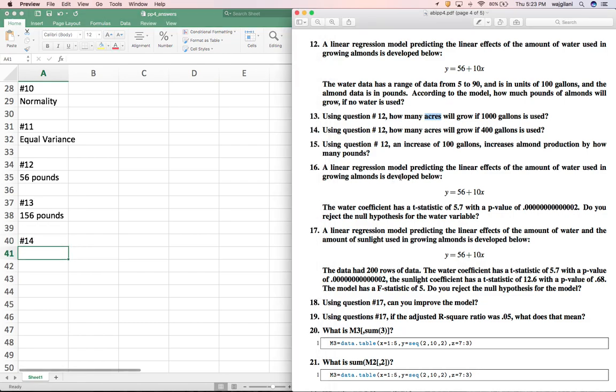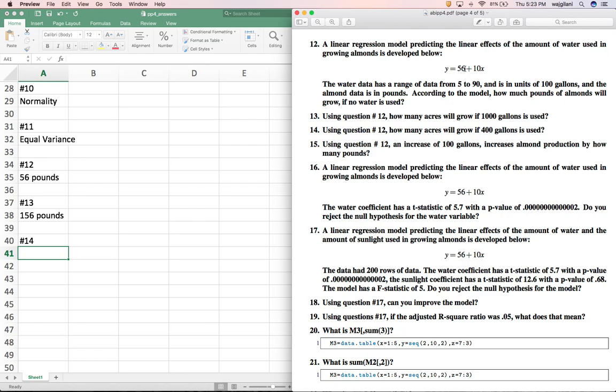Question number 12. How many pounds, again another typo, will grow if 400 gallons was used? So again, I divide 400 by 100. I get the number 4. Some of you will take that number 4, multiply by 10, and get the answer 96, and put down 96 pounds.